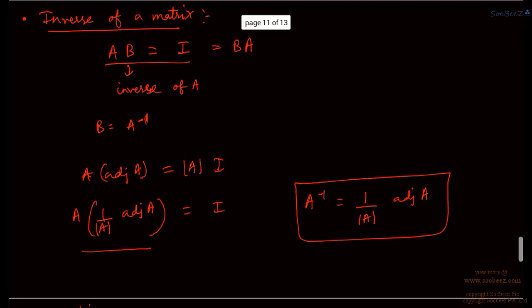Now, there is a very important property I missed here. The inverse of a matrix is not defined for all matrices, right? As you can see from this formula, A inverse is 1 by determinant A into adjoint A. Now, an adjoint matrix can be easily found out, but what if the real number determinant A turns out to be 0, right? So, for all the cases where determinant of A is 0, the inverse does not exist, right?